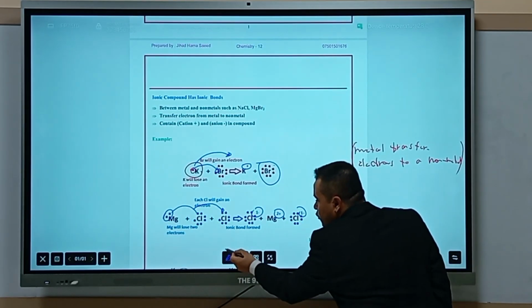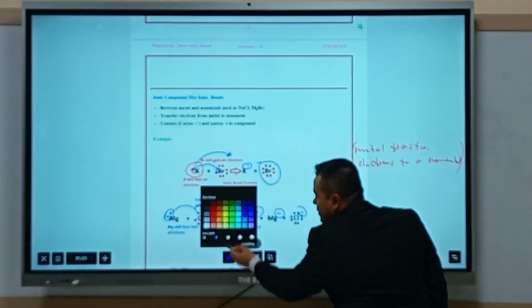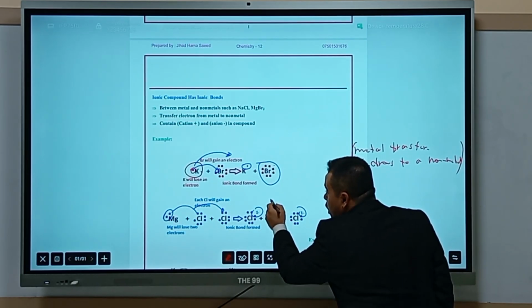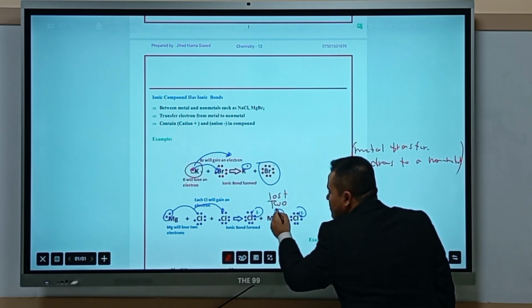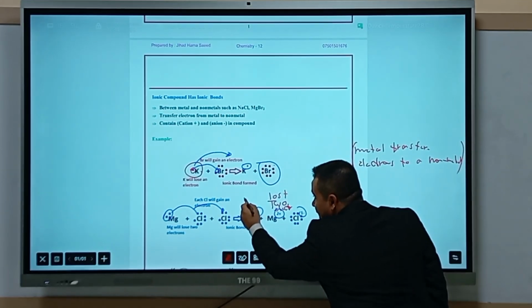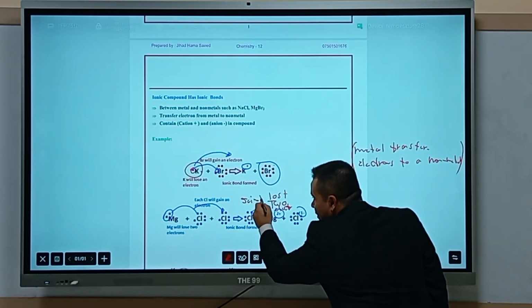So the positive 2 here, guys, represents what? It represents that magnesium lost 2 electrons, and the negative means gained 1 electron.